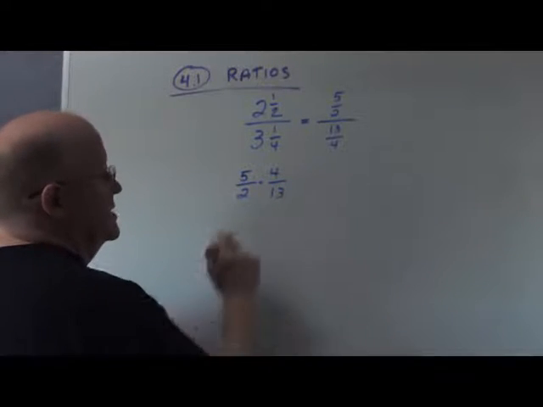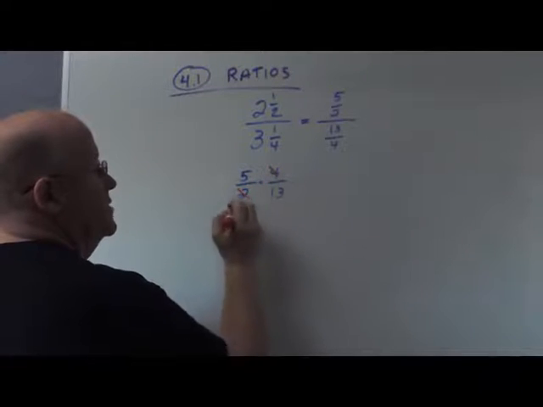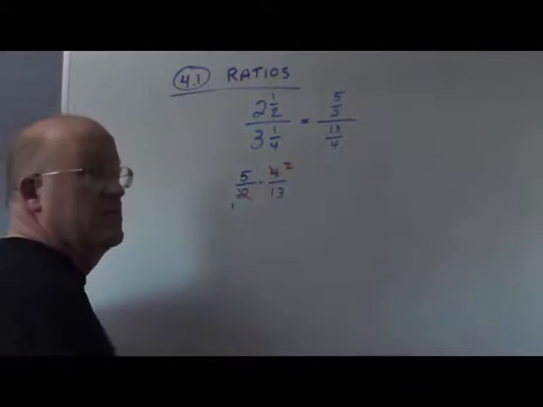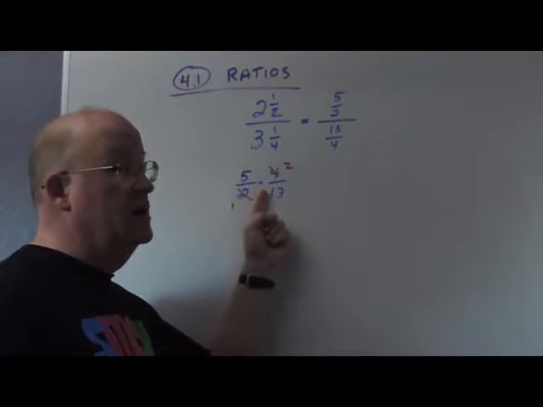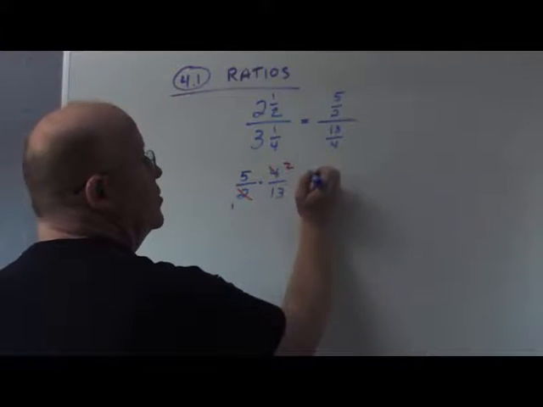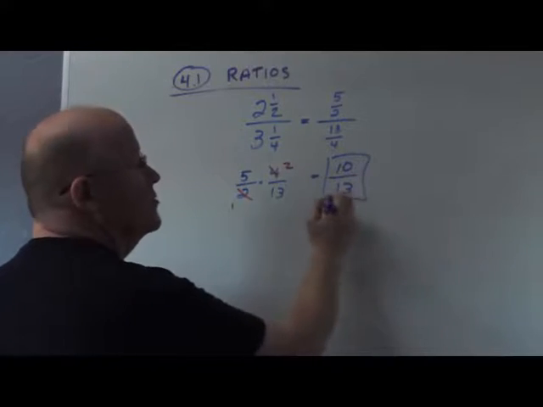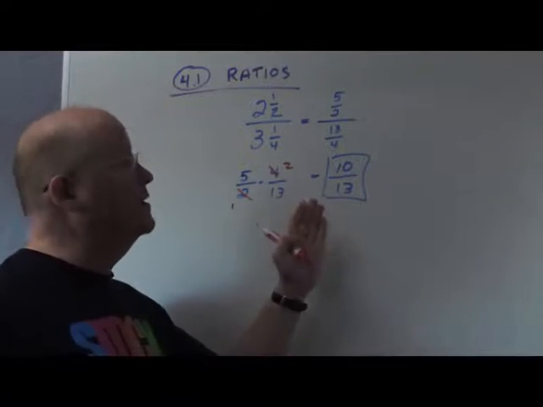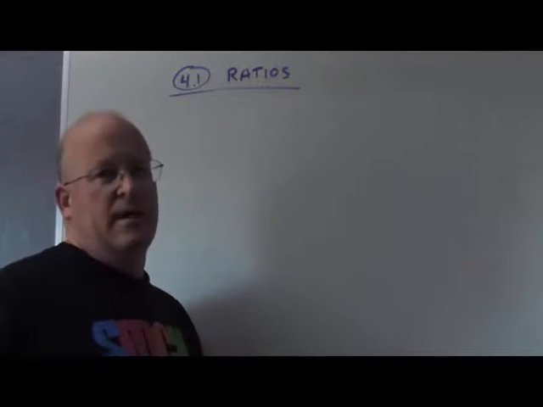And I can cancel across the multiplication sign here, dividing both the 2 and the 4 by 2. And remember, you can only cancel across a multiplication sign, not across any other sign. Now multiplying across, I'm going to have 10 over 13, and that does not reduce, so that right there is our reduced ratio. Now let's take a look at a short little application.